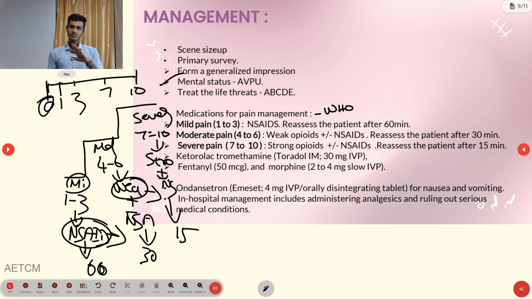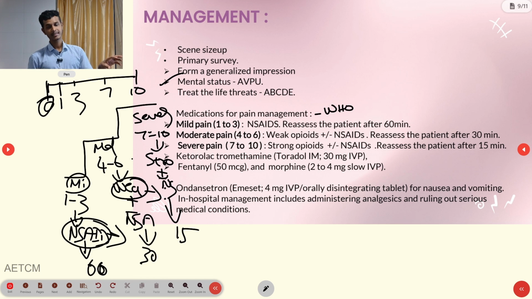So we have to keep that in mind. Again, if you are giving an opioid analgesic, that will create a respiratory alteration, which will complicate the case. So before giving an opioid analgesic, we have to rule out increased ICP level and the respiratory pattern, and rule out hypotension. Again it will cause hypotension in the case of toxicity or overdose, right? So those are the things you have to keep in mind.